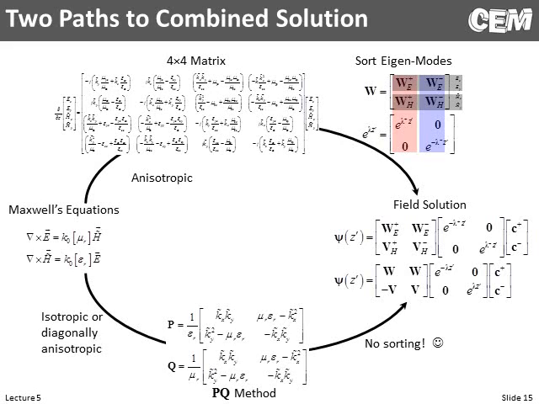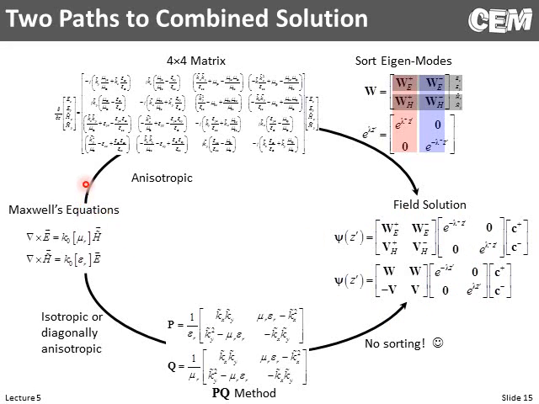So there's really two routes to get to where we were. If your materials are isotropic, homogeneous, it doesn't make any sense to do what we did last time. And in fact, our route to our final solution will be this bottom route. We start with Maxwell's equations, calculate PQ, and end up with our modes.